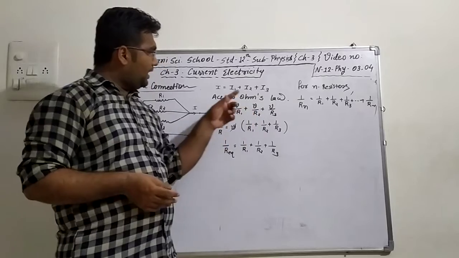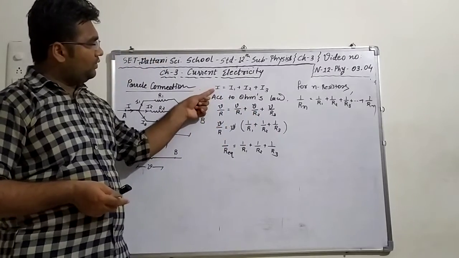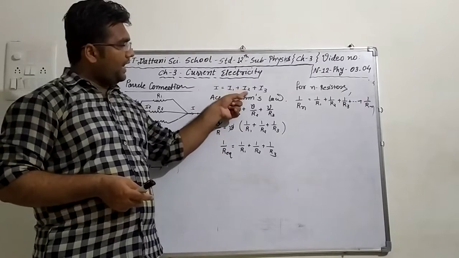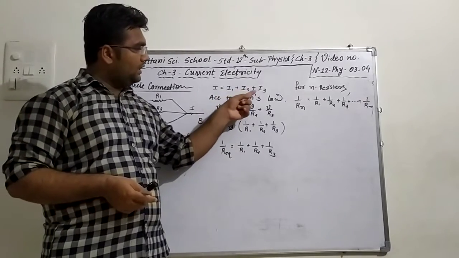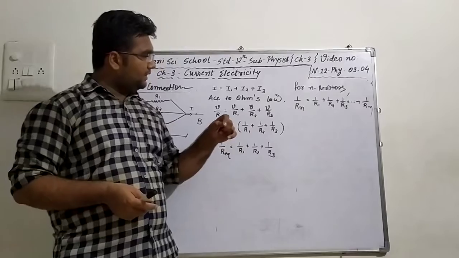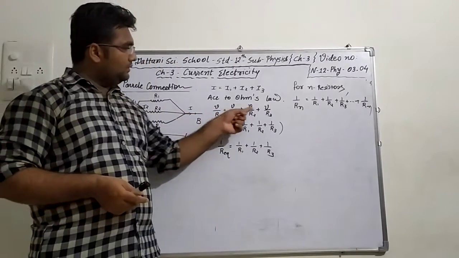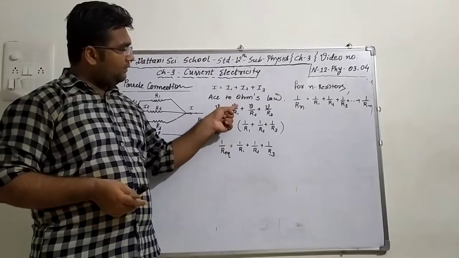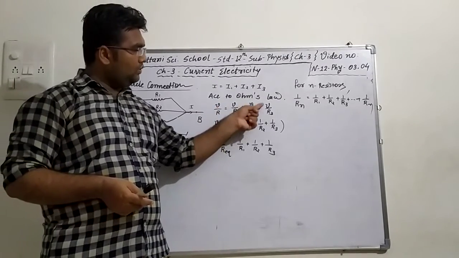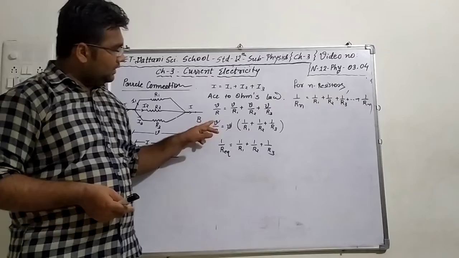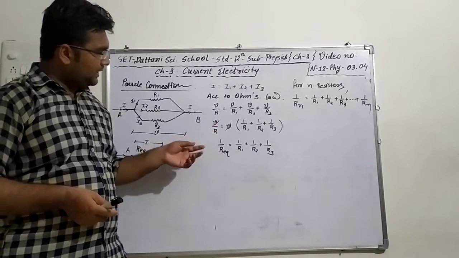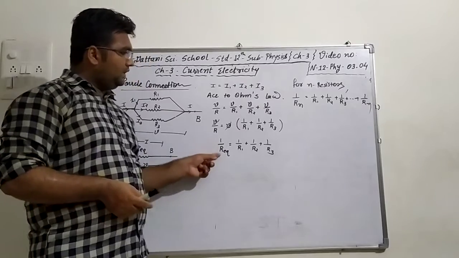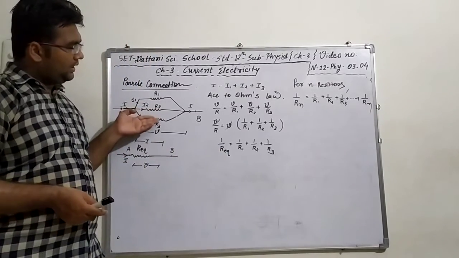According to Ohm's law, I equal to V upon R, I1 equal to V upon R1, I2 equal to V upon R2, I3 equal to V upon R3. Taking V common from these terms, we get 1 upon R1, 1 upon R2, 1 upon R3. V will be cancelled from both sides. Now we get 1 upon R equivalent. This is the equivalent resistance of this parallel connection.